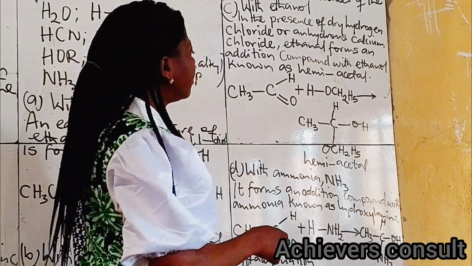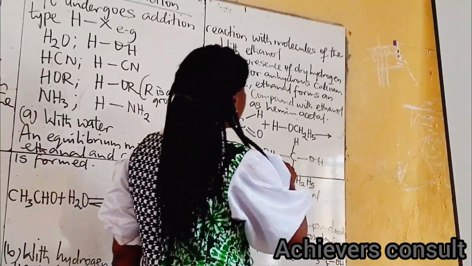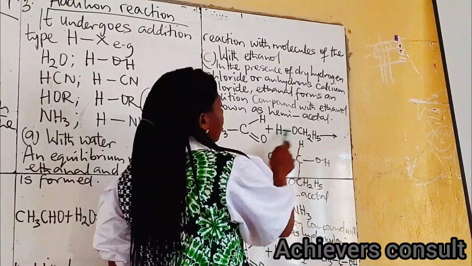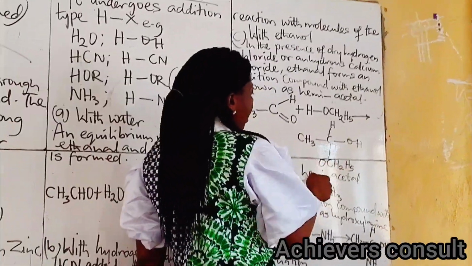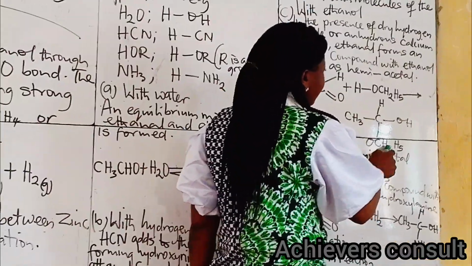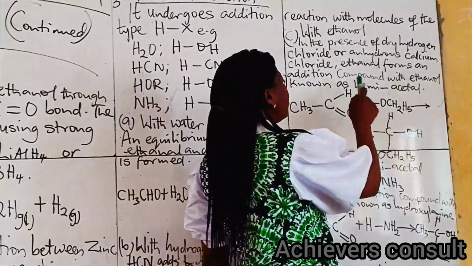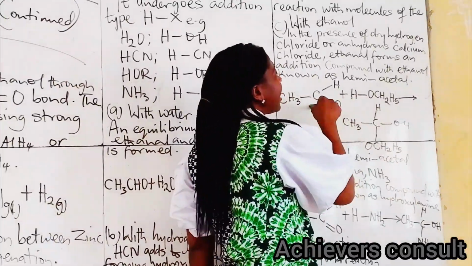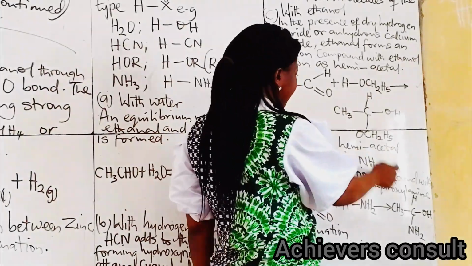This is ethanal plus ethanol, giving us hemiacetal. This ethanol reacting with alkanal gives us a compound known as hemiacetal.